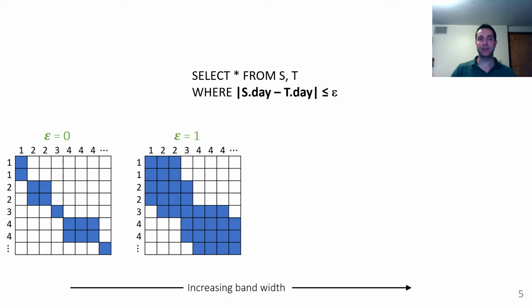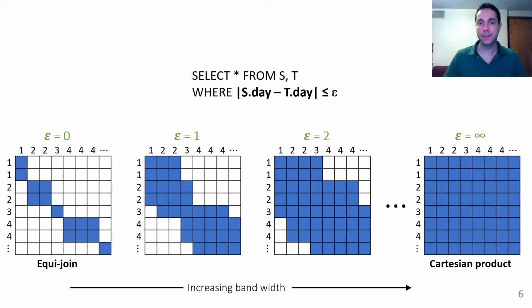When we increase epsilon, the band becomes wider. So now, for instance, a 2 in S can join with 1, 2, and 3 in T. And if we keep on doing that, at some point, this join becomes a full Cartesian product where every S tuple joins with every T tuple. This means overall, band joins are generalizing the entire spectrum from equijoin all the way to Cartesian product.